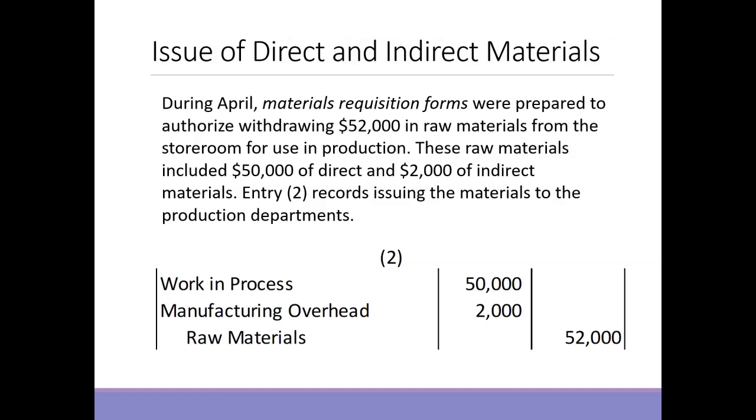During April, materials requisition forms were prepared to authorize withdrawing $52,000 in raw materials from the storeroom for use in production. These raw materials include $50,000 of direct and $2,000 of indirect materials. So remember, direct materials get assigned to the job. Indirect materials go right into manufacturing overhead. Okay? So we debit those inventory accounts and we credit our raw materials.